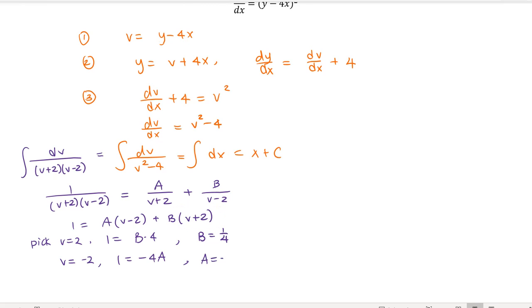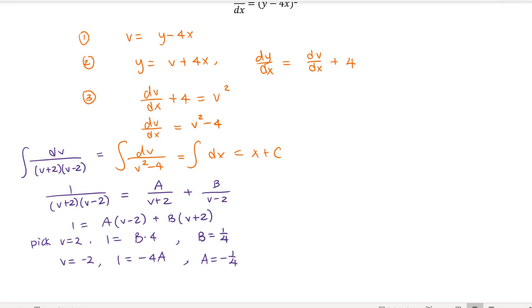So a is minus 1 over 4. If you see a lot of linear factors, after you multiply by the common denominator and clear all the denominators, you pick the value such that a linear factor is 0. Then many terms are 0, and you can solve for the unknown constants A, B, C.